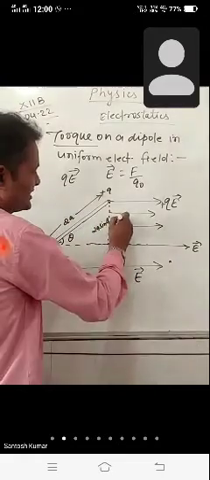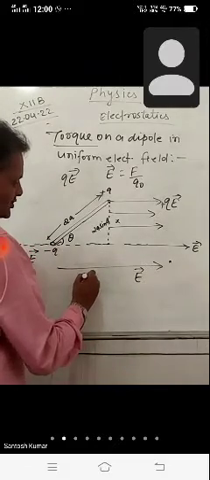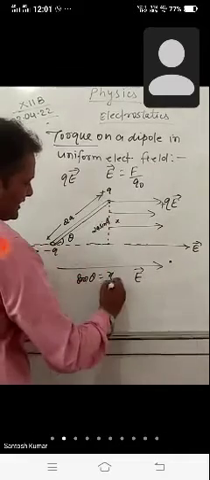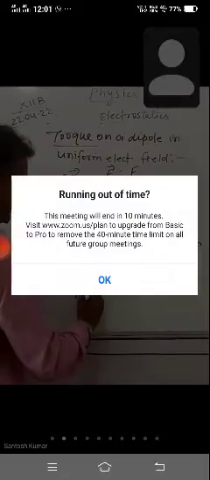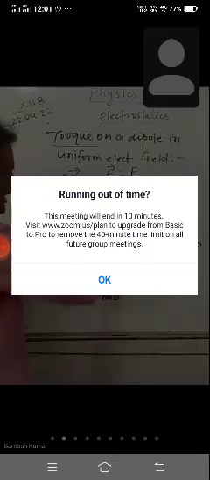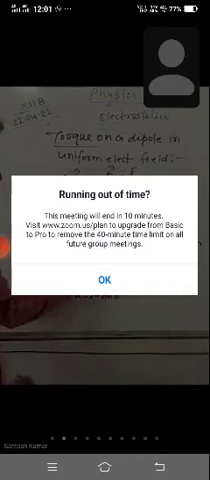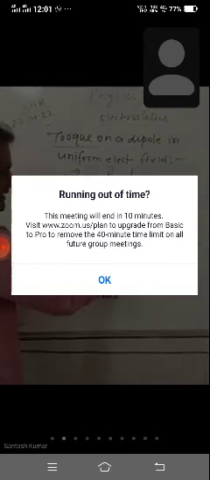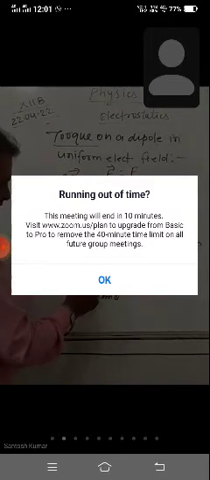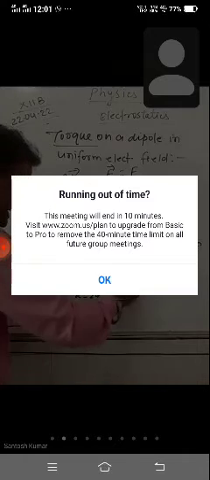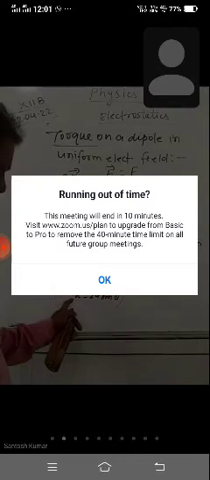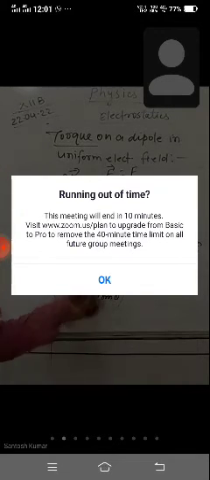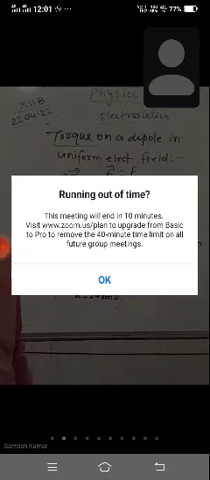Suppose this is x. Sine theta is perpendicular by hypotenuse, that is x by 2a, so x will be 2a sine theta. So I have directly written 2a sine theta instead of x. If you want, you can write x is equal to 2a sine theta.